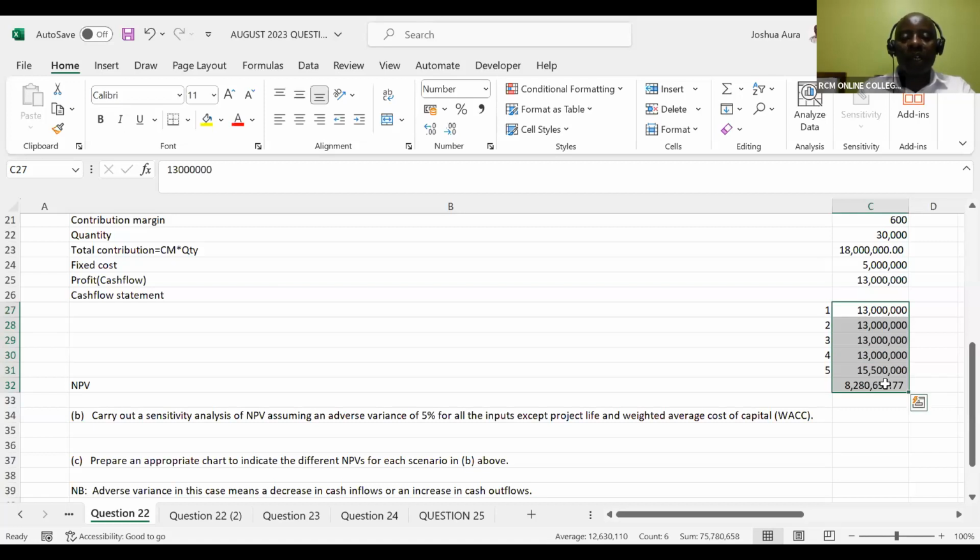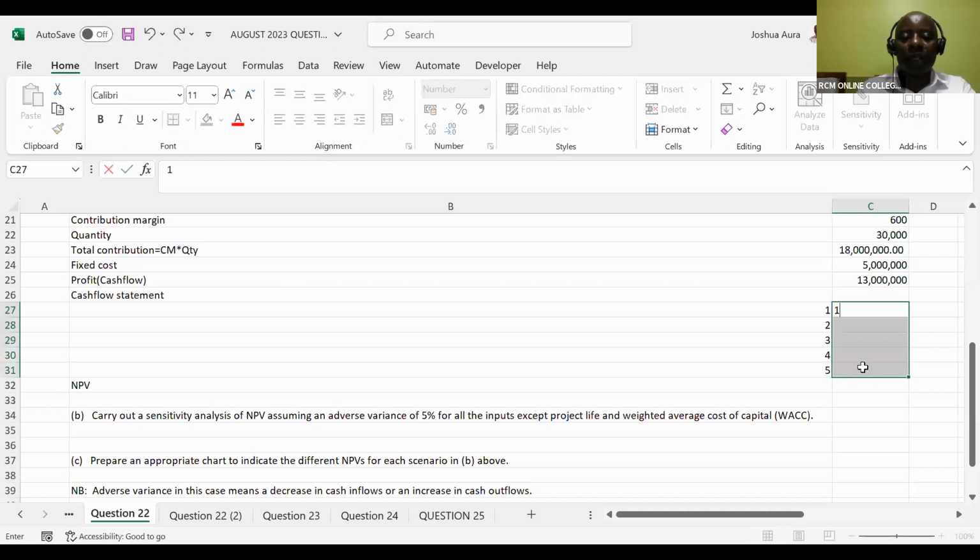So in this case here we have 13 million, because 13 million, ladies and gentlemen, is what we shall be enjoying for how many years?